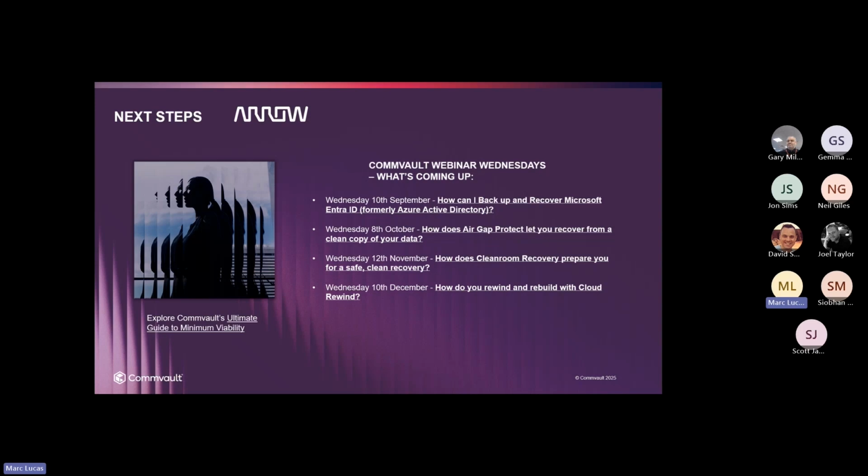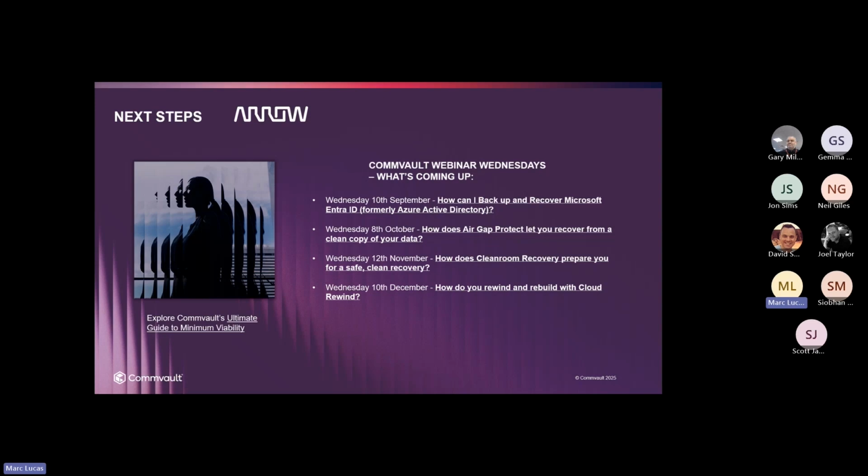There's the AD and Entra ID that we're going to focus on the 10th of September. The importance of air gap protect and having access to a clean copy of your data that you can trust. So that's your clean data sorted out. And obviously threat scan plays a big part in that as well. And then clean room recovery, that clean, sterile environment that can be spun up.